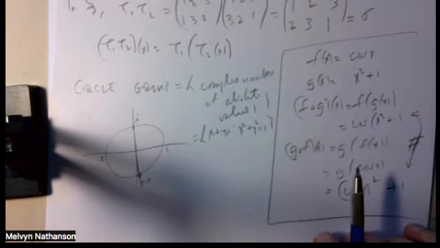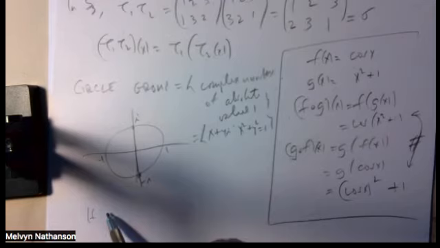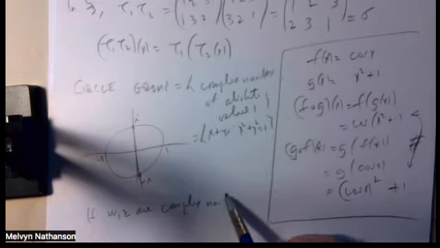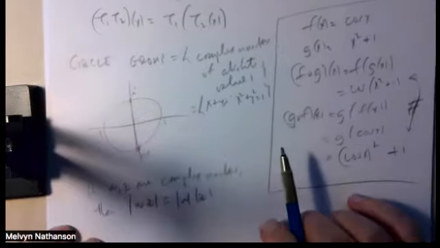And you know that if w and z are complex numbers, then the absolute value of w times z is the absolute value of w times the absolute value of z.